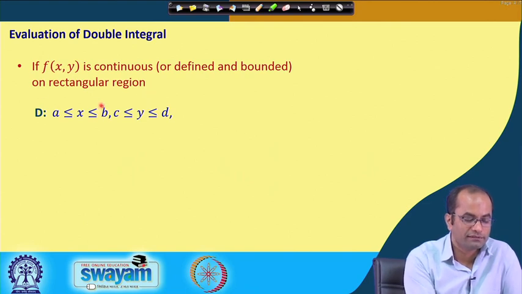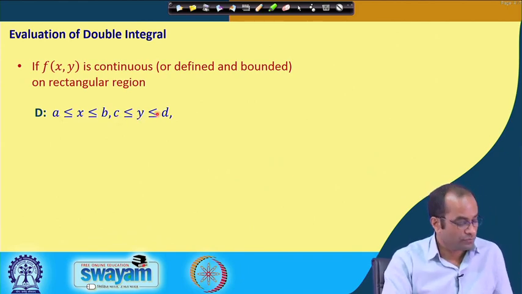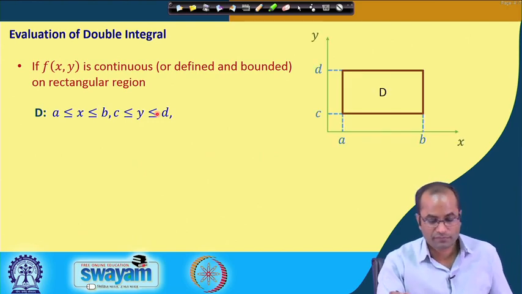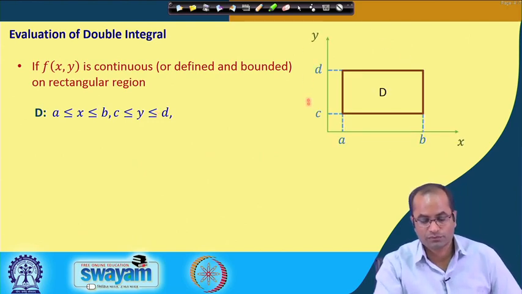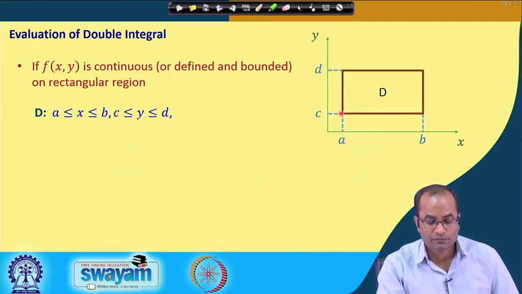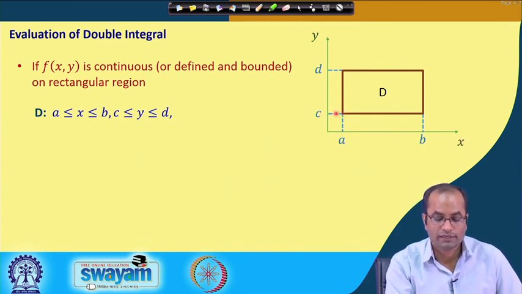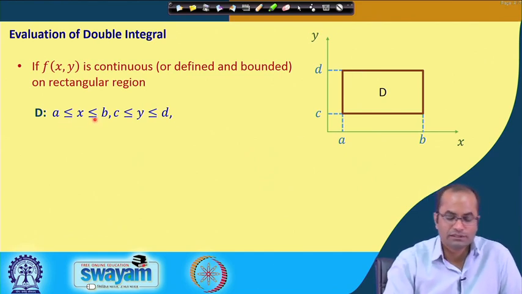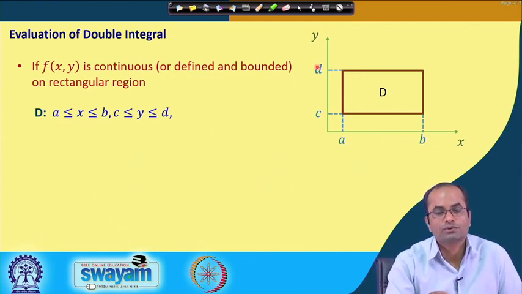So we have restricted ourselves to the rectangular region, where x varies from a to b and y varies from c to d, as given in this figure. We have these constant numbers a to b and c to d.